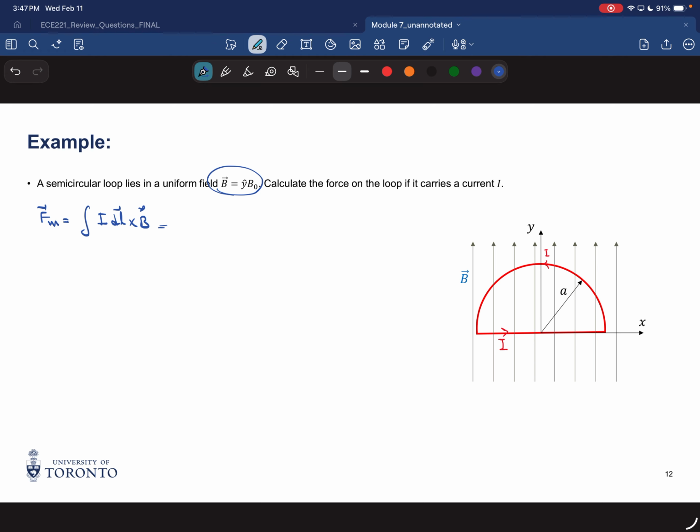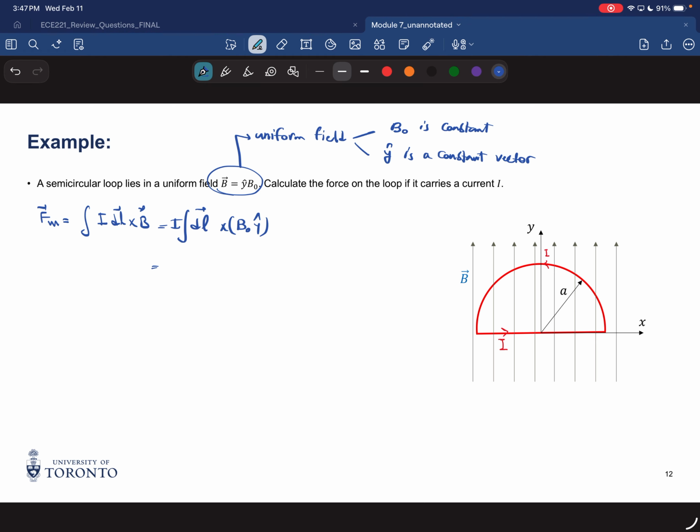So this is a uniform field because B naught is constant, and y hat is a constant vector. So now we can take this out and say this is I, this is dl, this is cross B, which is B naught y hat.